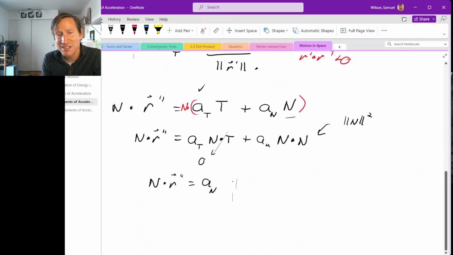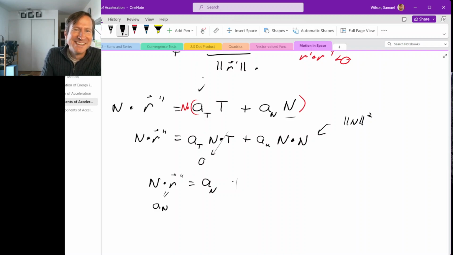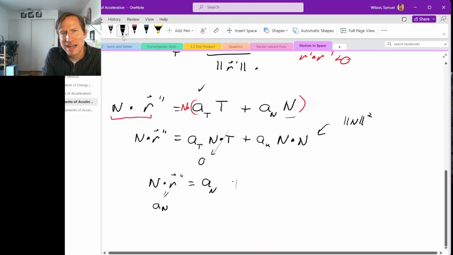So this looks promising, but what is n dot r double prime? The problem is, all we know about n dot r double prime is that it is our name for a sub n. So we've essentially proved that a sub n is equal to a sub n. That's not helpful. It's true, but it's not informative. So dotting with n turns out not to be so great an idea.